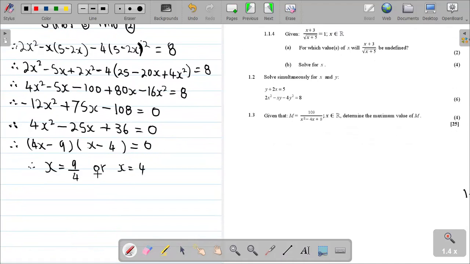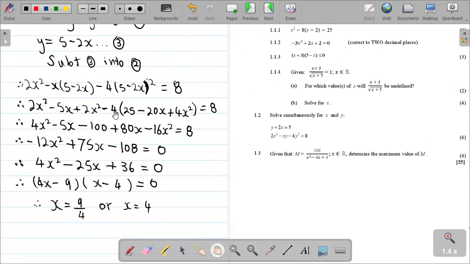So it means therefore we should substitute for each value of x, we should find y, because y is equal to 5 minus 2x. So y is 5 minus 2x.